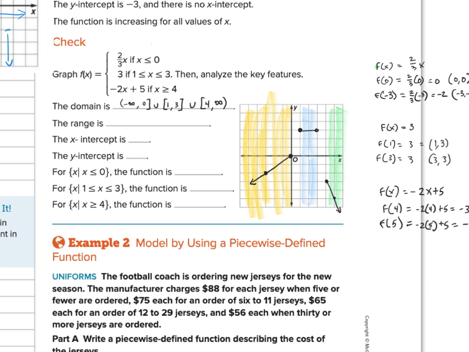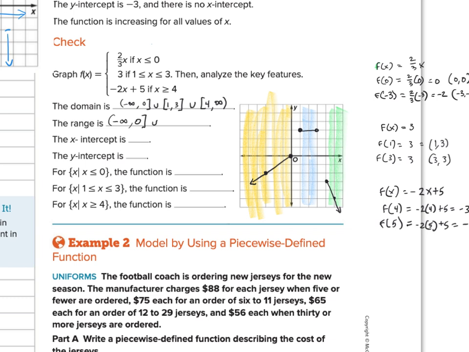And then the range. The range is going to be from -infinity as we come up to 0, and it is included. And then, because this one is incorporated into this one, that's why we didn't have to list it separately.